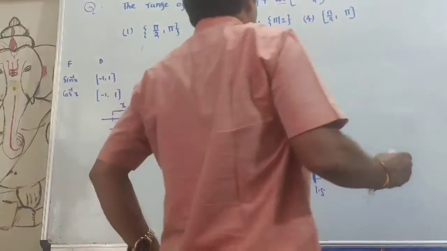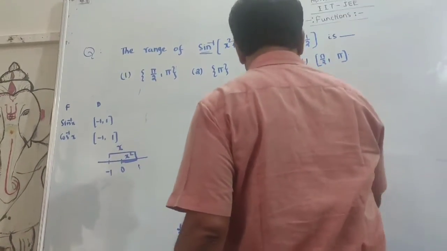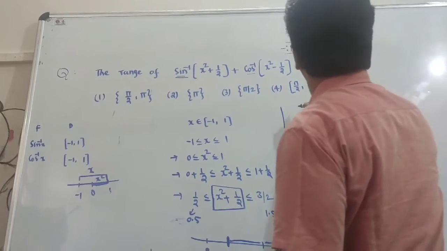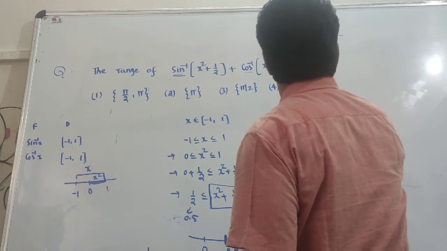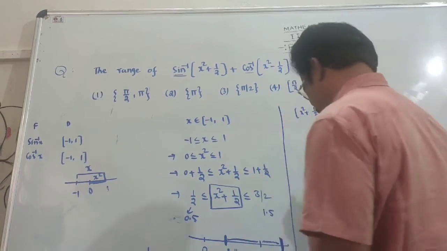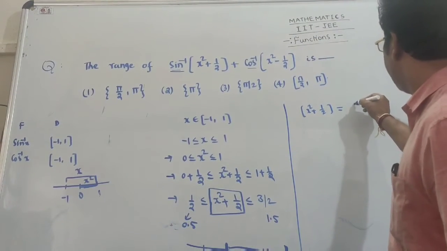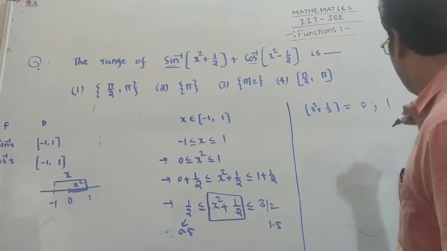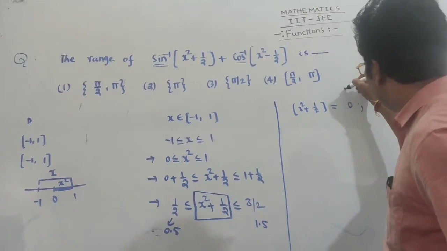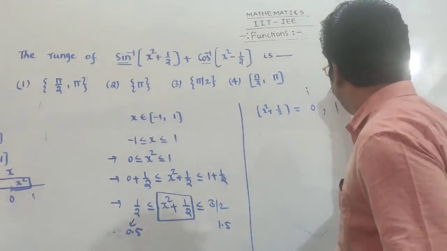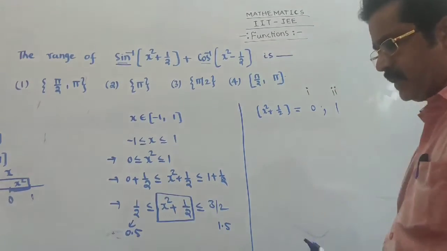So therefore the box of x square plus 1 by 2 value is either 0 or 1. Let it be, this is the first case and it will be the second case.